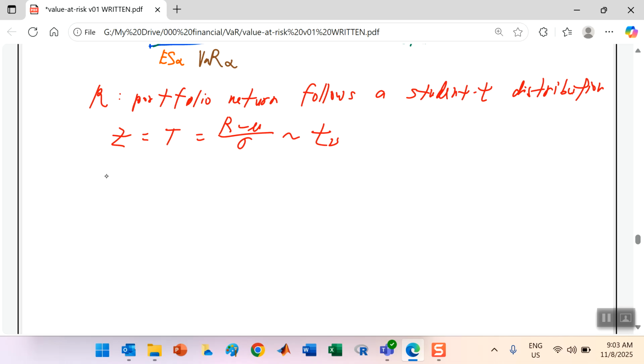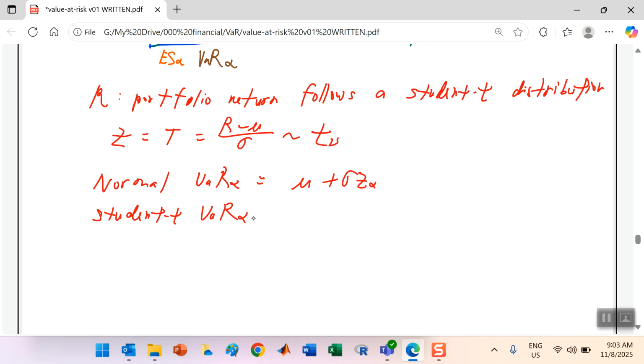For the normal assumption, we have mu plus Z alpha sigma. For student T, this will be mu plus the T value.